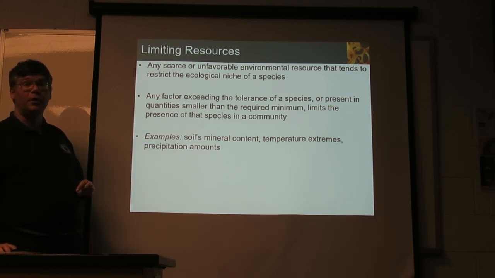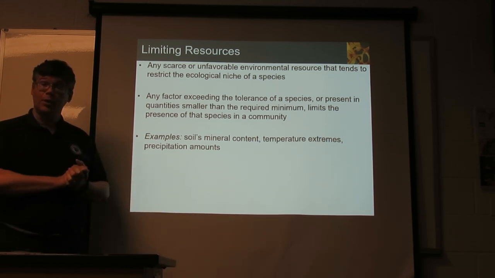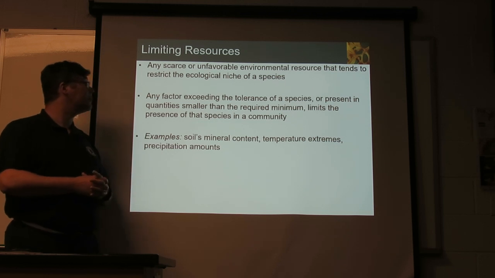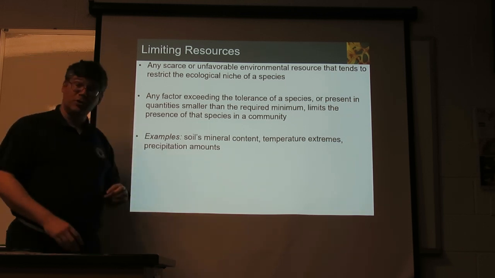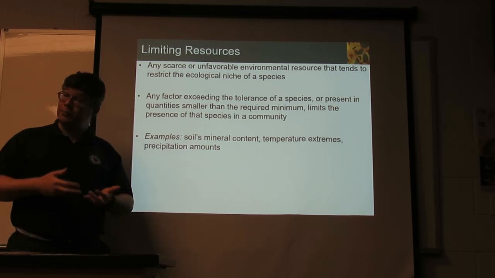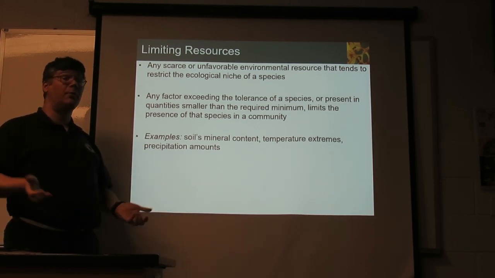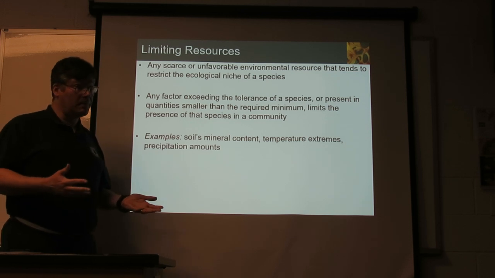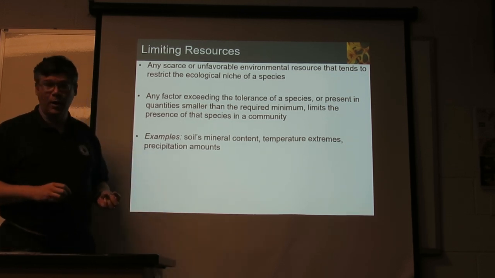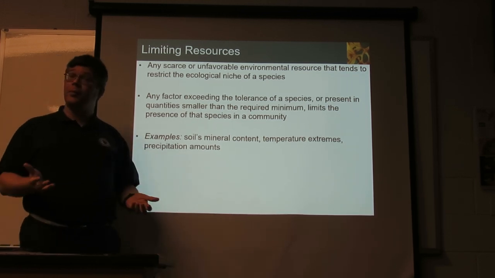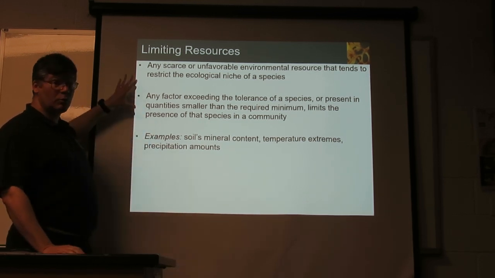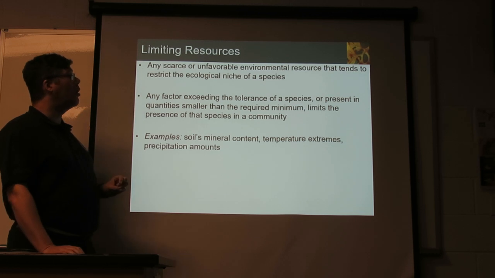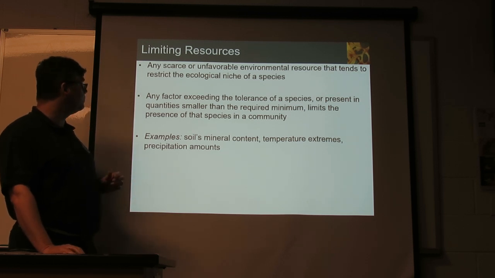There's not enough food, it's too cold. So there are going to be various limits. If there's too much or too little of things, particular species won't be able to manage, or maybe not quite to that point, but they're going to be less common if the relative amounts of whatever resources are important are not ideal.